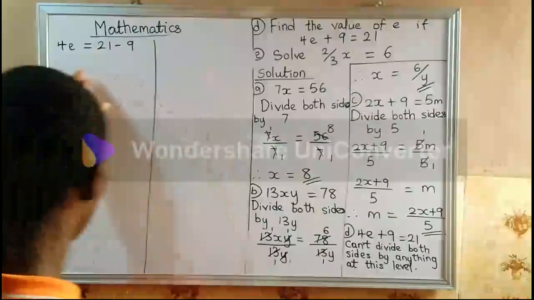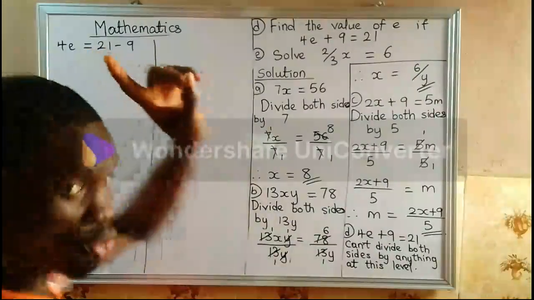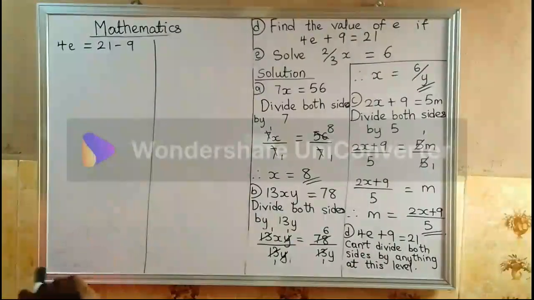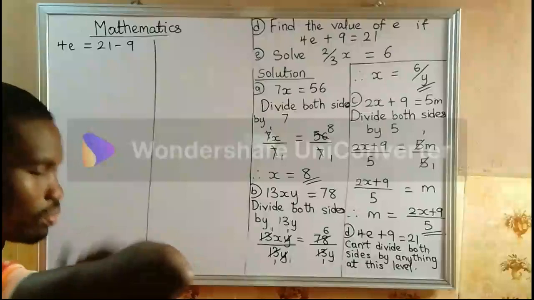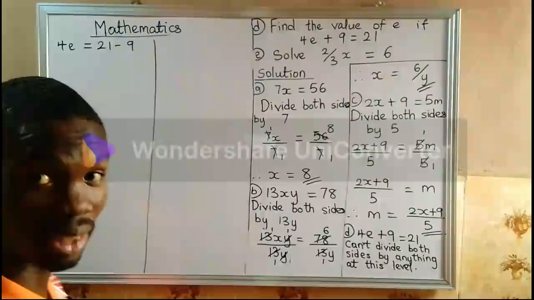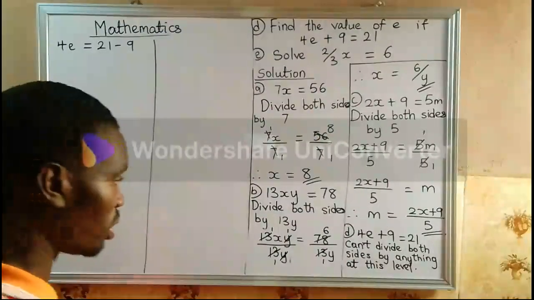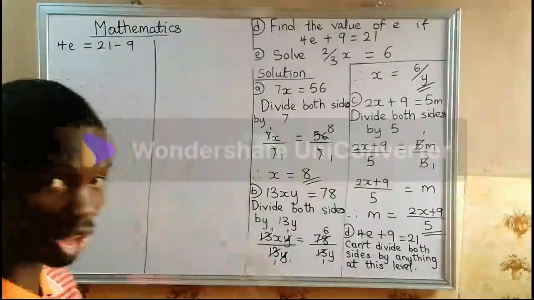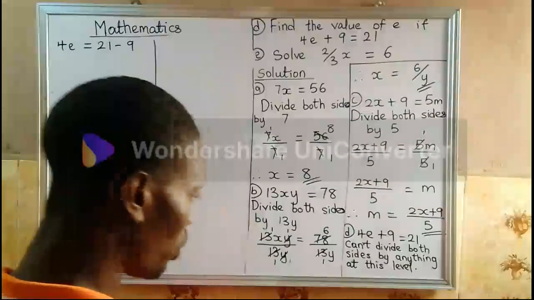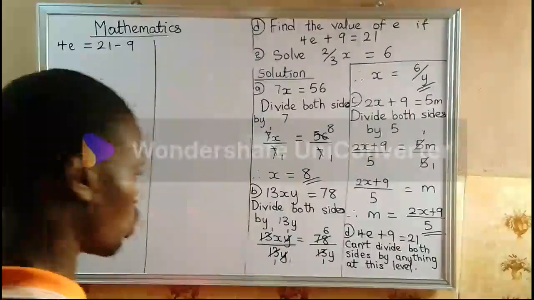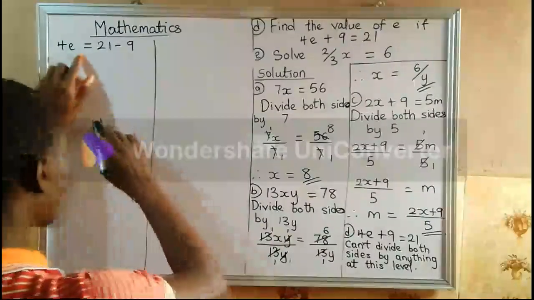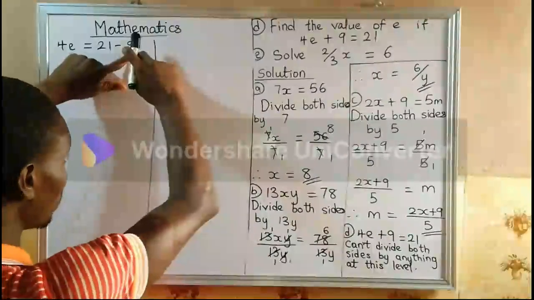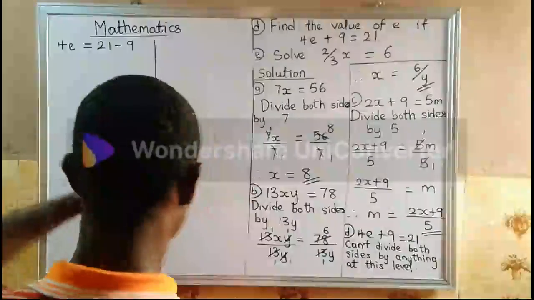It changes. Why? Because there is a rule in mathematics that says if a number or a term crosses the equals to sign, the sign of that term must change. So if it was plus before, it changes to minus, and if it was minus before, it changes to plus. In this case, it was plus 9 before, so as it crosses the equals to sign, it becomes minus 9.